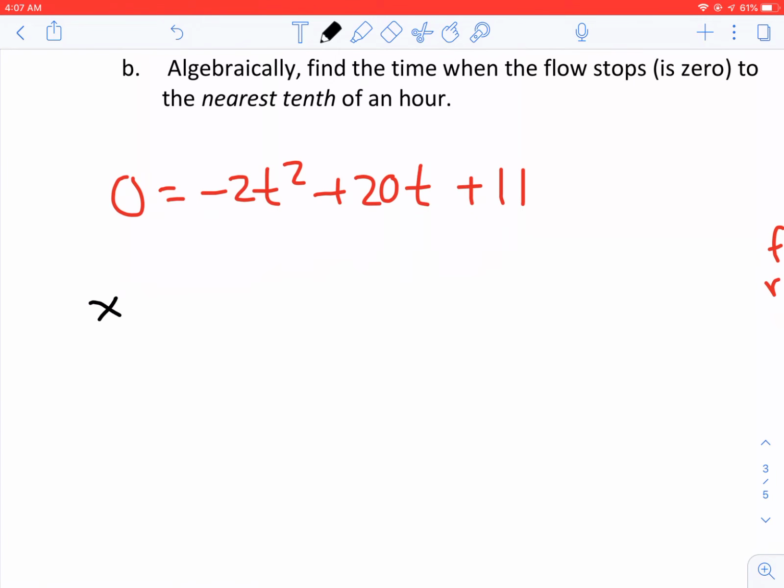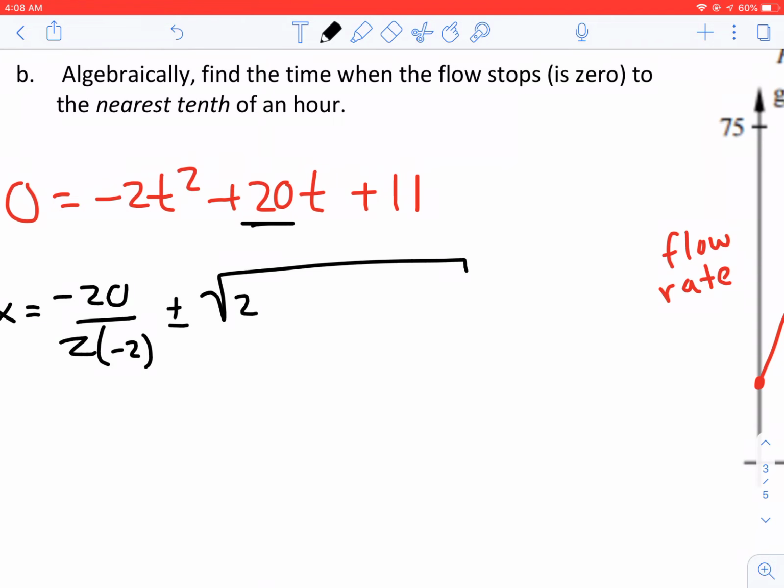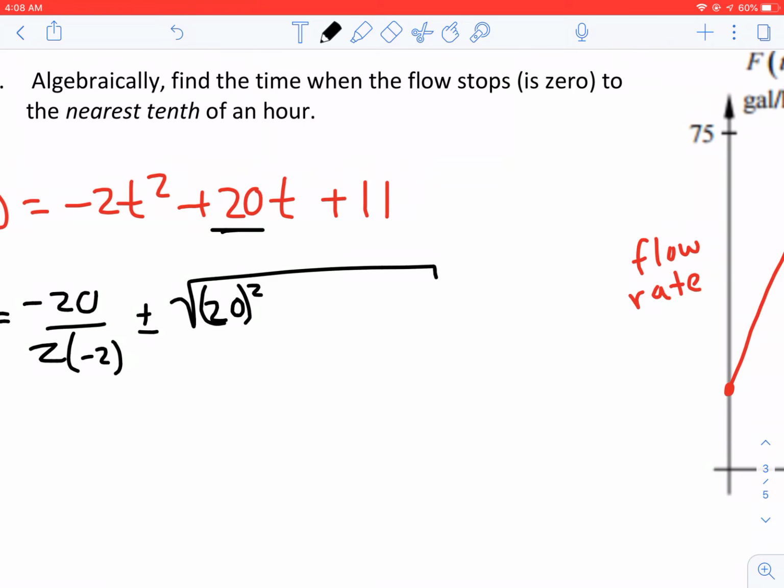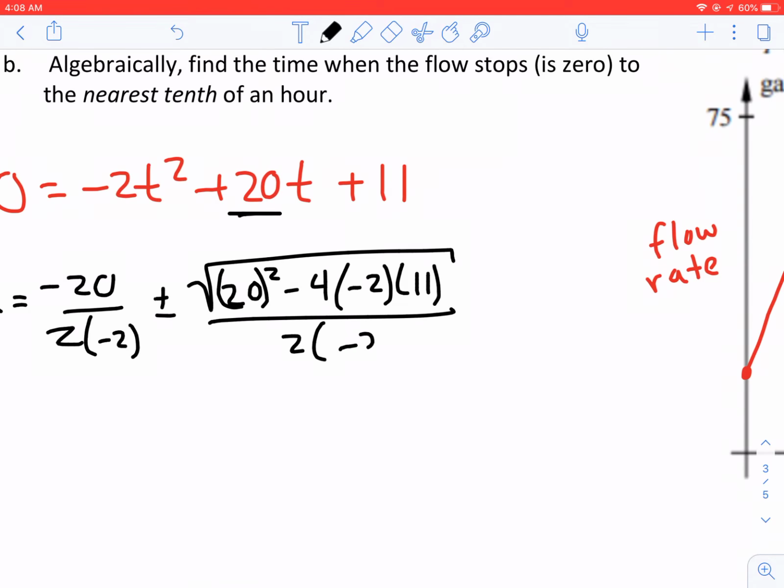So x equals negative b. That's our b value here, 20. So negative 20 over 2a. So 2 times our a value, which is negative 2 there, plus or minus the square root of b squared. So that's 20 squared, put the 20 in parentheses, b squared minus 4 times our a value, negative 2, minus 4ac, all over 2 times the a value, negative 2.